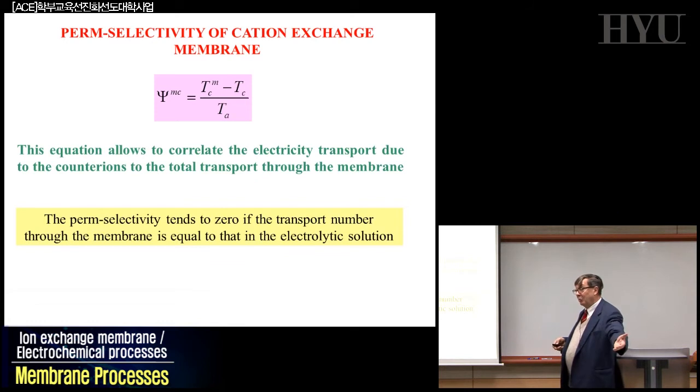Now, if the solution you are working with is relatively dilute compared to the fixed charge, this number will be high. But if you are increasing the concentration of the salts, which is what we are doing today because we want to increase power density in reverse electrodialysis, or also if you have a very high brine solution, this number tends to 0, even if the membrane is good. Not because the membrane is bad, but because we are increasing the concentration of the solution too much.